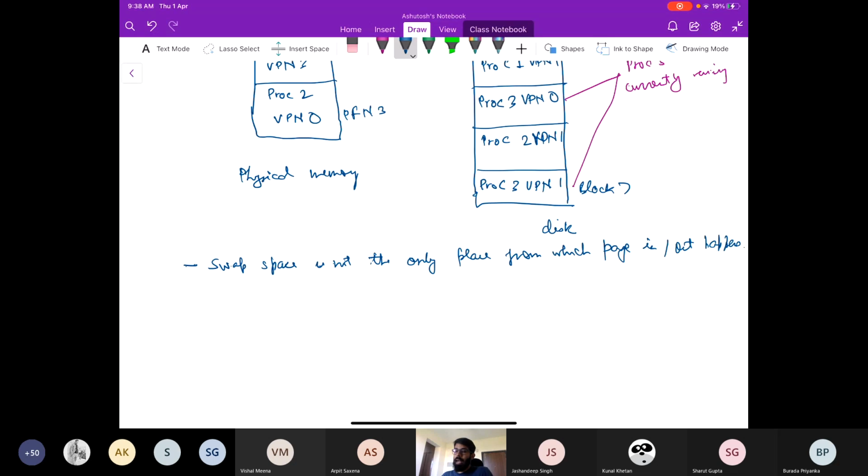So what I mean by that is, specifically for code, it can be brought directly from disk.